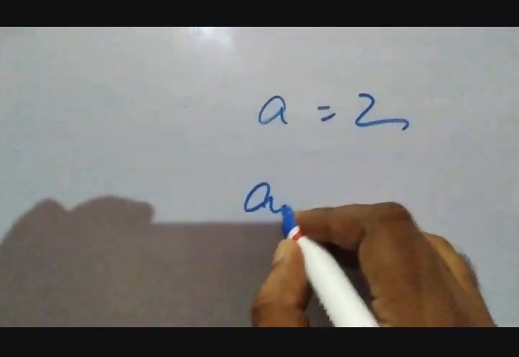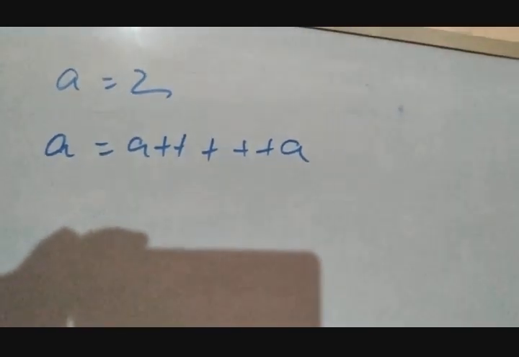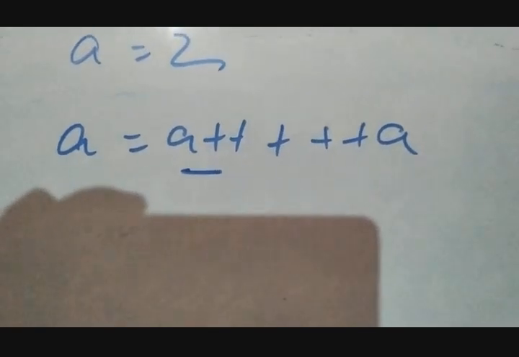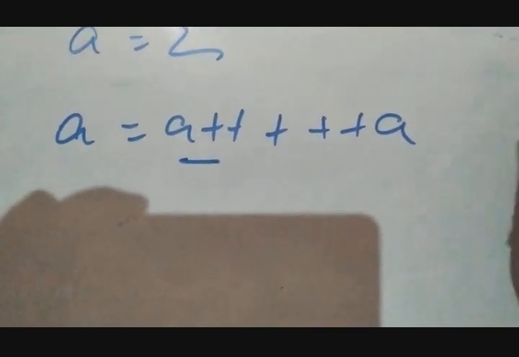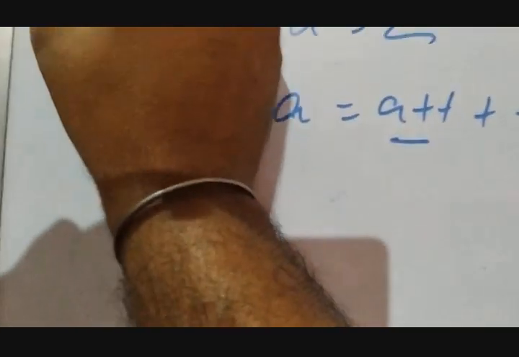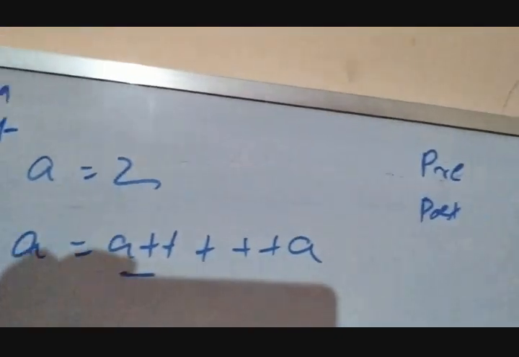Just to refresh, because you have already used it, with a compound assignment operator. Suppose a value is 2, a = a++ + ++a. Now what is a++? You remember postfix and prefix. So a++ is postfix and ++a is prefix. Now what is the rule?